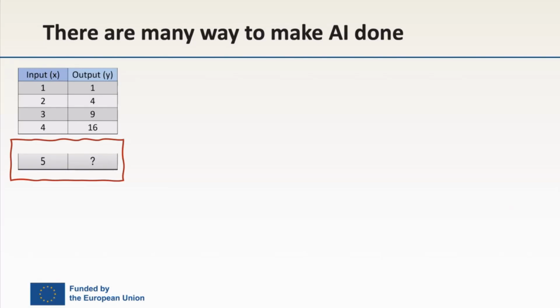If we have 5, what do we expect? According to our brain as humans, we expect Y equals x squared, because as humans we try to distinguish the relationship, or to study the pattern between x and y.